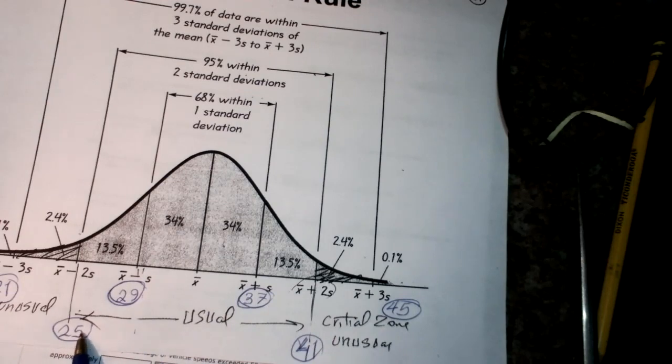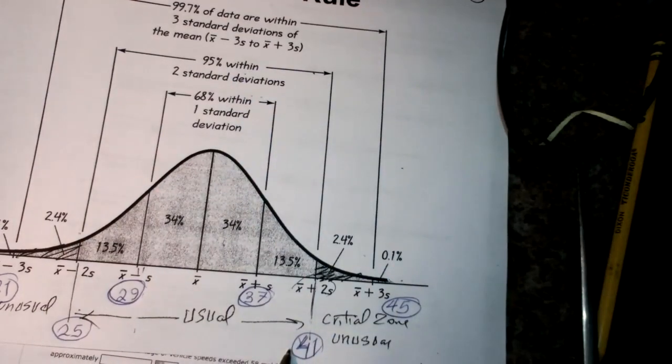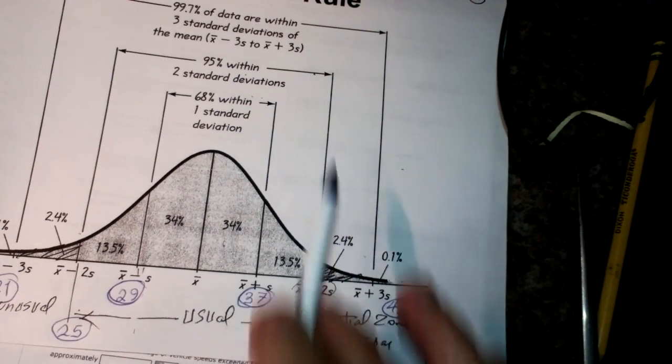Second calculation showed 25 and 41. That is 95% of the data falling between these two. And if you have plus or minus 3 standard deviations, it's 21 and 45 for that problem, which is 99.7%. Okay, so you could use all of this to do the problems on chapter 3.